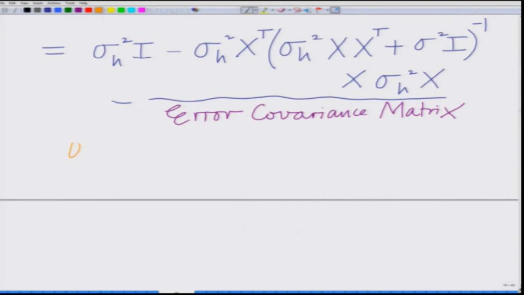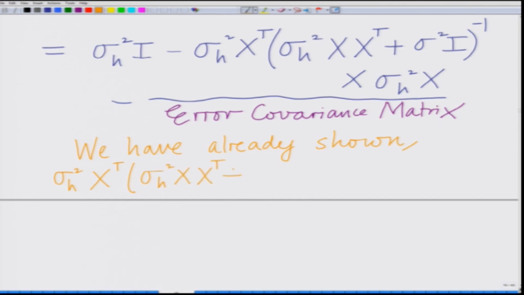Observe, we have already shown in one of the previous modules, during the simplification of the LMMSE estimate, this property: sigma h square X transpose times the inverse of (sigma h square X X transpose plus sigma square identity) is equal to the inverse of (sigma h square X transpose X plus sigma square identity) times X transpose.